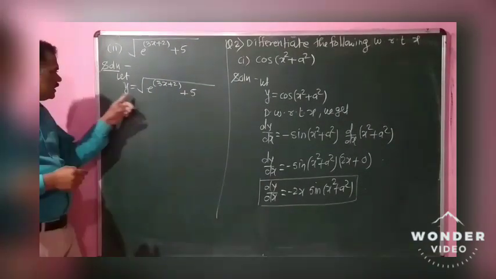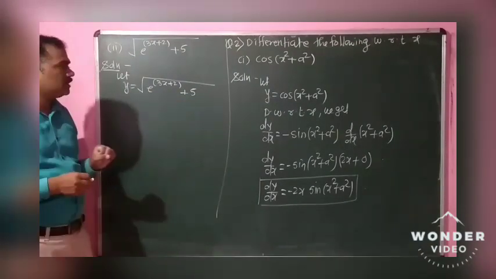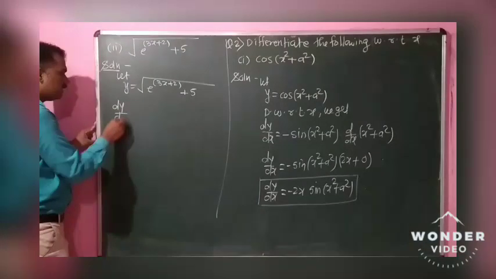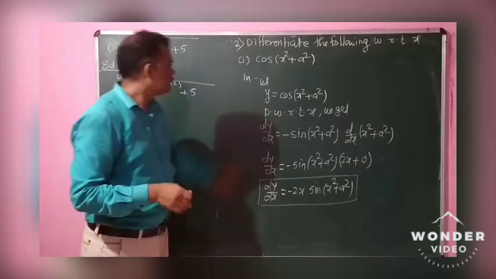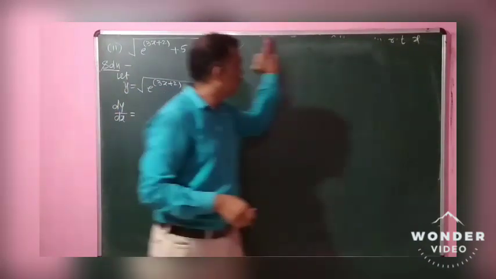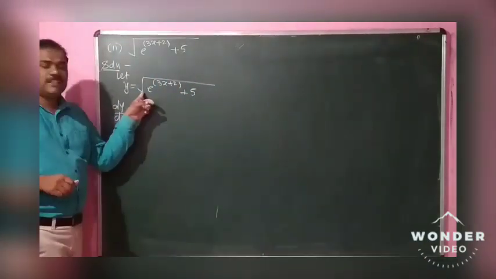When we have to read this example, how to read that? Square root of, so we have to take the first derivative of root, so we can write dy by dx is equal to, we have to take the derivative of root.